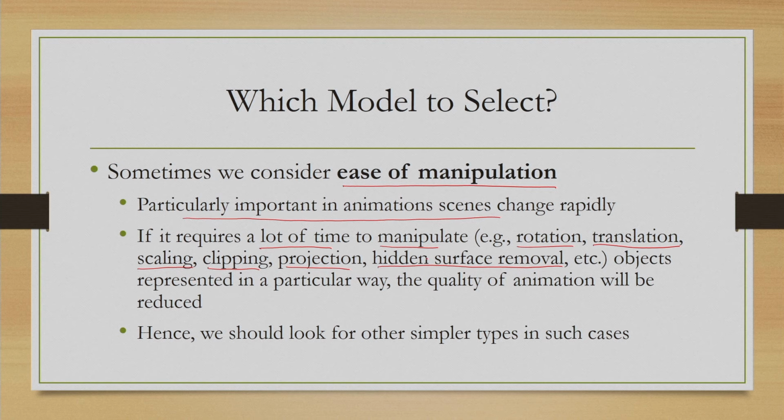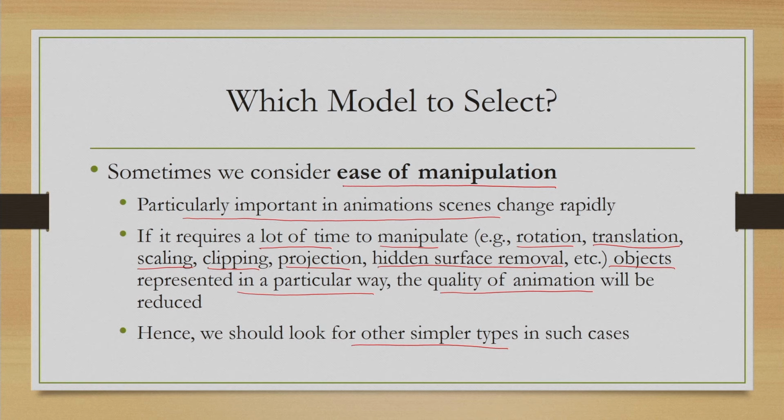Now, if a lot of time is required to perform these operations for objects that are represented in a particular way, the quality of animation may be reduced. So, in such cases we should look for simpler types. So, this is another consideration that should be kept in mind while choosing a particular model of representation, that is ease of manipulation.